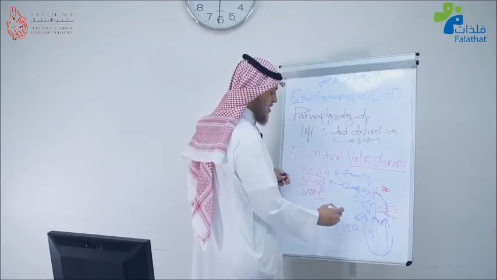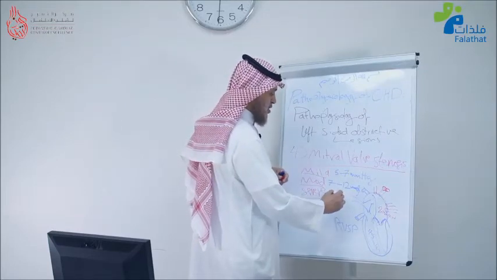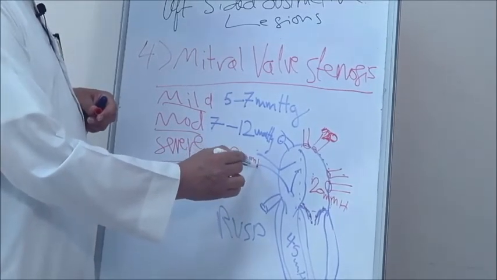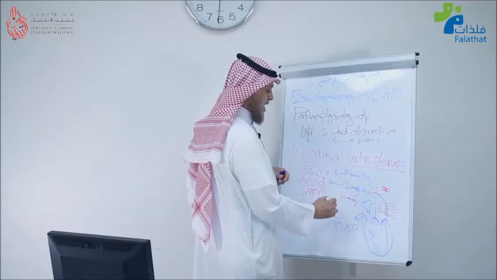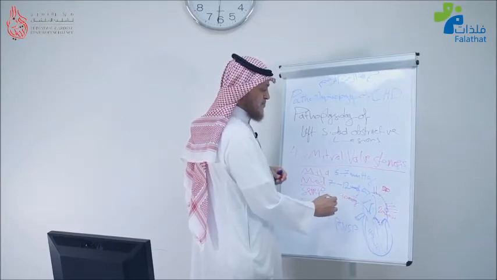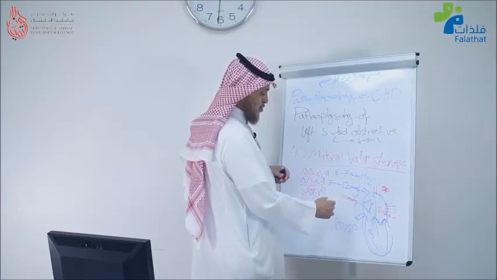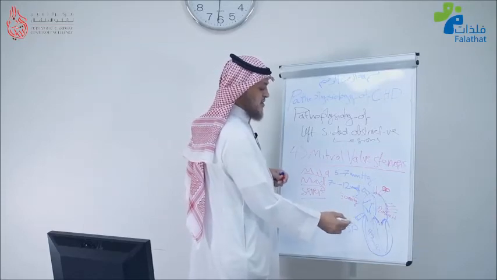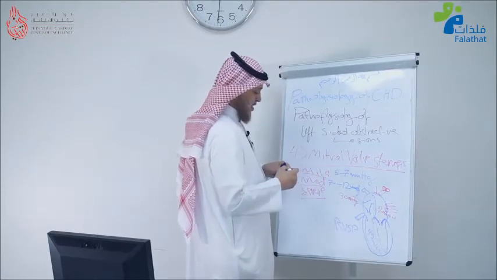Now we will have a PA pressure of around 30 mean millimeter mercury. If we add the 20 or 25, whatever you choose, to give the systolic, it will be around 50 to 60 millimeter mercury.